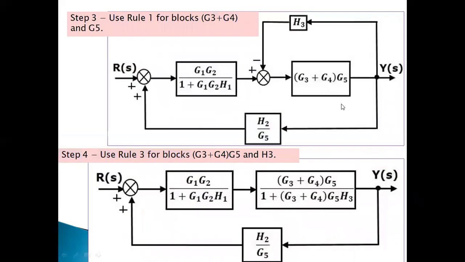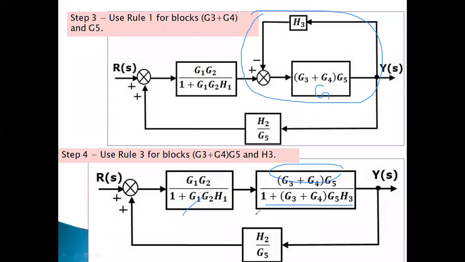In the next block diagram, that is G1 G2 by 1 plus G1 G2 into H1, we have merged these two blocks into a single block, and these two blocks into a single block. Now rule 3, again eliminating feedback: this entire feedback can be replaced with a single block. G is this value, and H3 is negative feedback, so G by 1 plus GH.